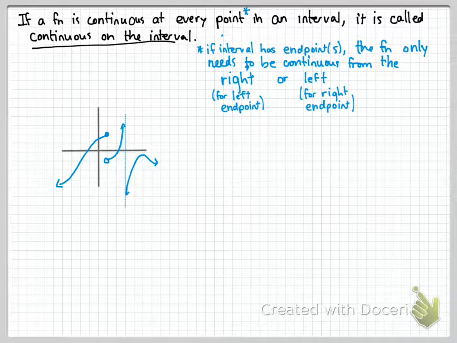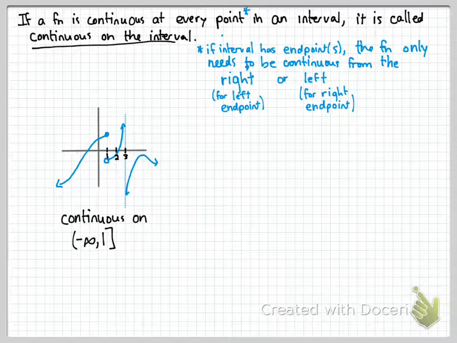It's got some strange things happening, and I want to know what intervals this thing is continuous on. I'll put some labels on my axis here. Notice I don't care about the y values, as far as telling me what intervals I'm continuous on. The intervals refer only to the x values. Okay, this thing is continuous on the following intervals. Well, it's continuous from forever to the left up until you hit 1.